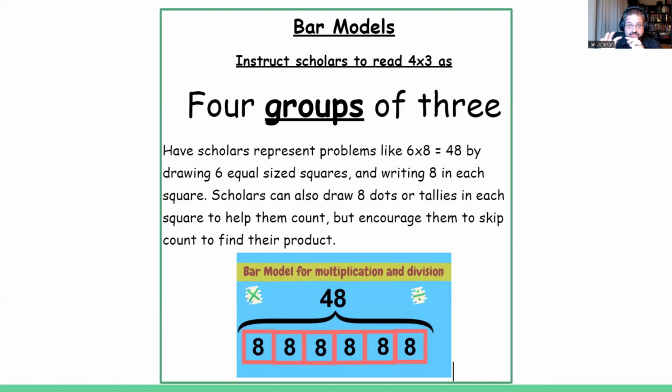So you'll draw 6 little boxes, and in each box, you'll put the number 8. If they're having trouble counting, you can have them do 8 dots instead. But as they get more comfortable, try to have them use the numbers instead so they can get better at skip counting by 8s. Kind of puts it all together.